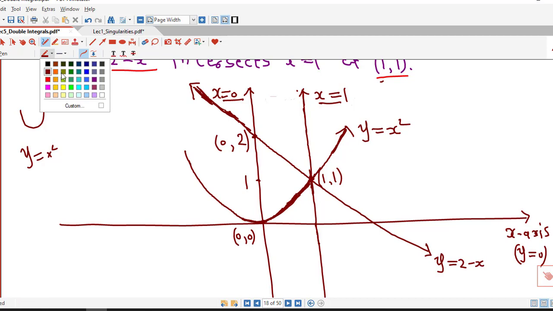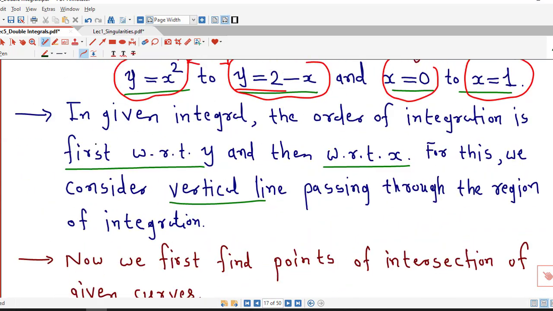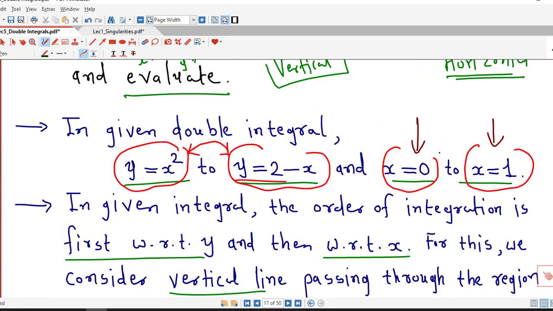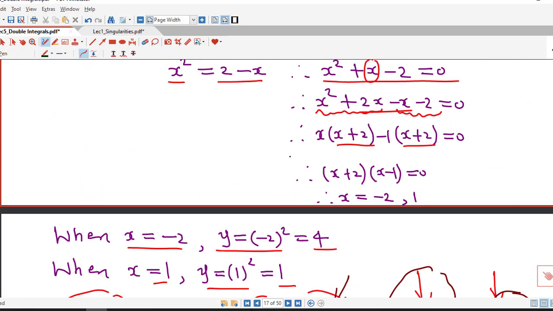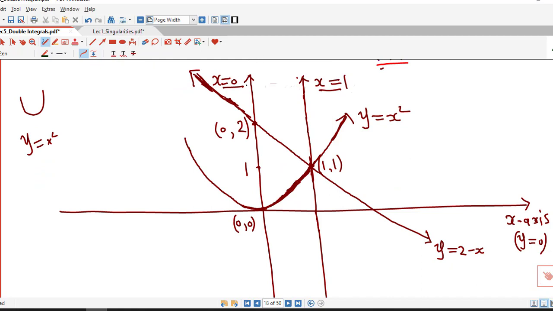So now we see what the region of integration is. Our region of integration is bounded between x equal to 0 and x equal to 1, and y is from x square to y equal to 2 minus x. So first we concentrate between these two lines, x equal to 0 and x equal to 1, and y is starting from x square and the upper limit is 2 minus x.